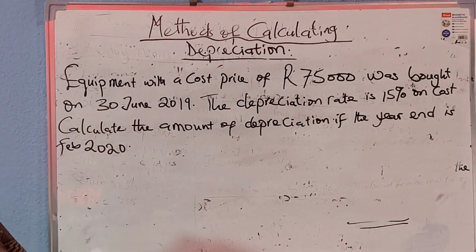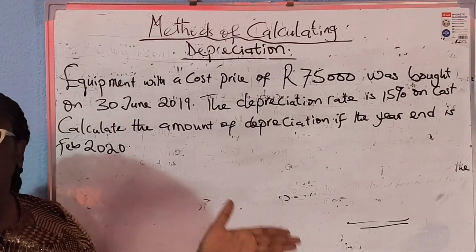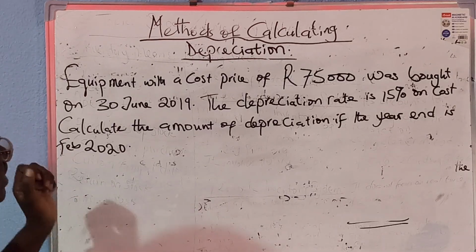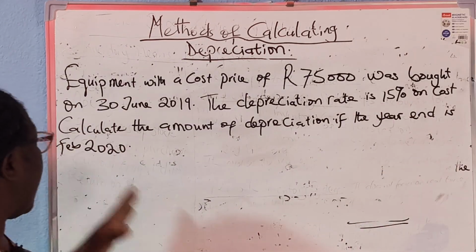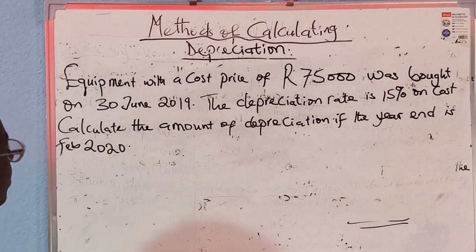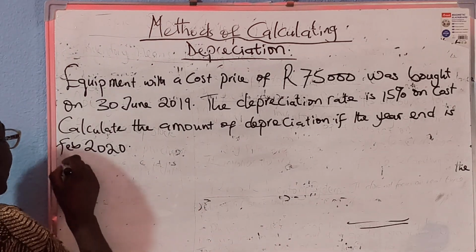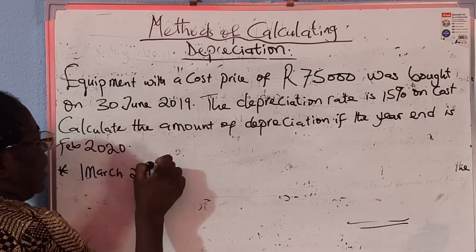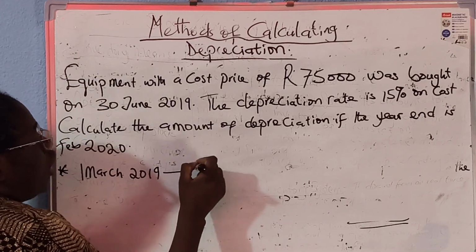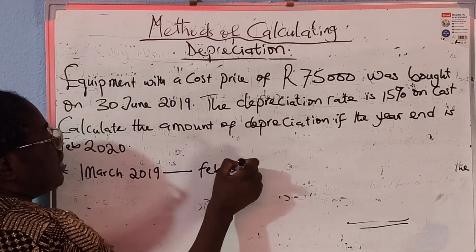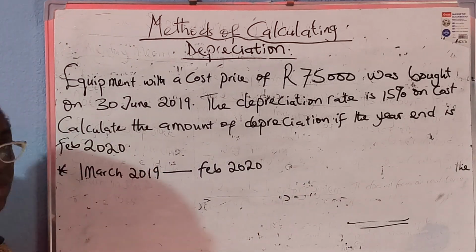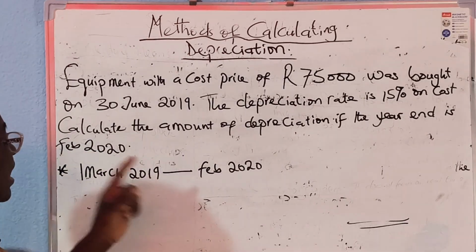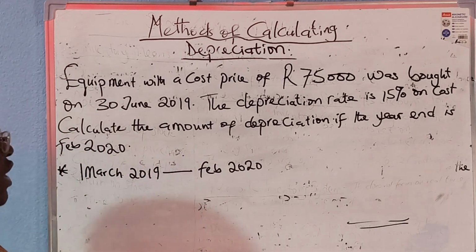We were told that we have an equipment that was bought during the financial year. The end of the financial year is Feb 2020, which means this financial year started on 1st March 2019 and is ending on 28th February 2020.